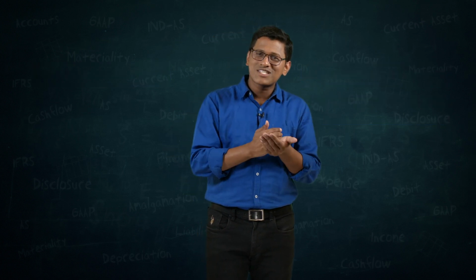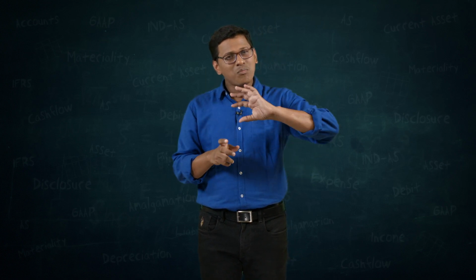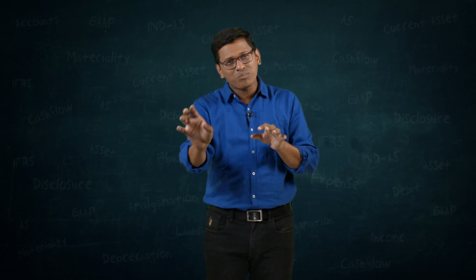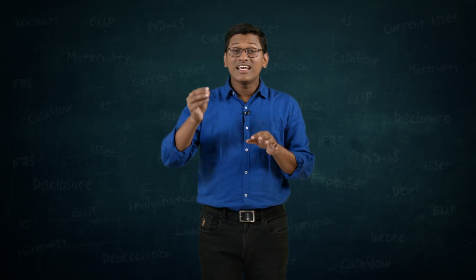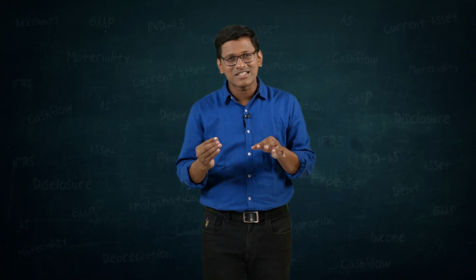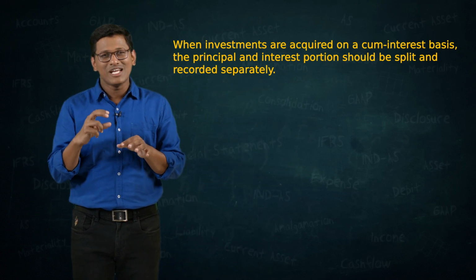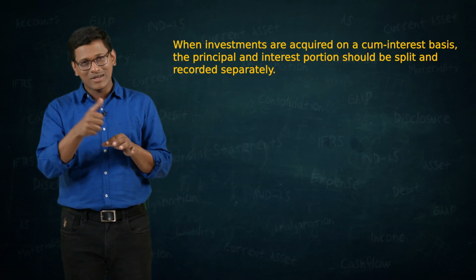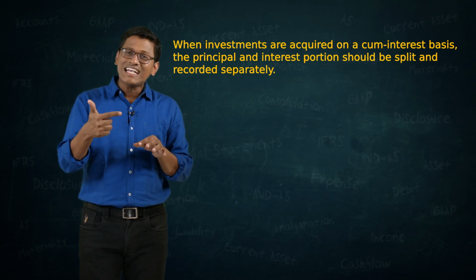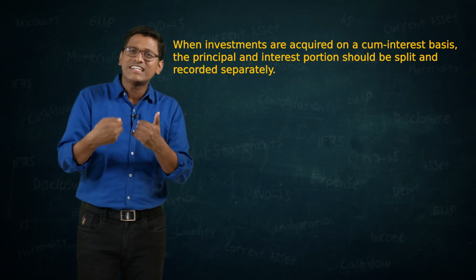So friends, here when we pay money, some portion towards principal and some portion towards interest, in the initial recognition stage, the accounting standard says you will have to split these two assets and record them separately, because you have one asset called debenture, investment into debenture, second asset called interest, whatever you are entitled to receive now.